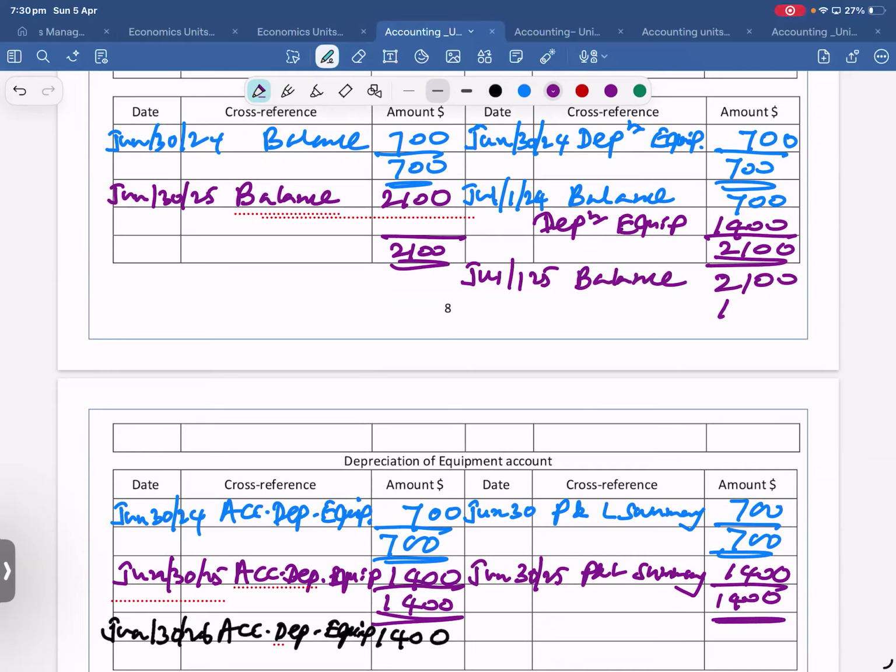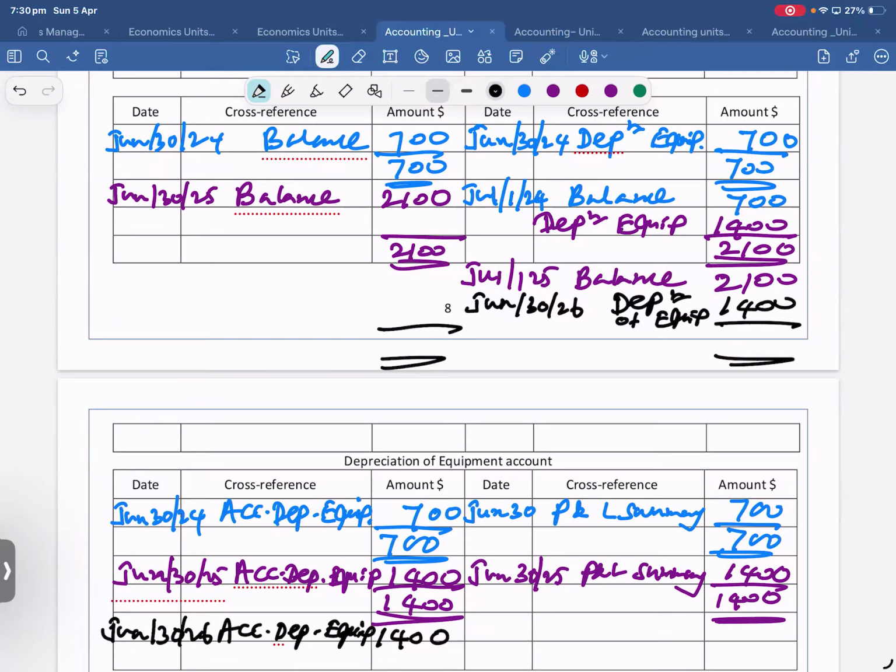And then I'm adding 1400. Which is June 30th, 26, saying depreciation expense, depreciation of equipment. Then this one we can close. How much? 3500.